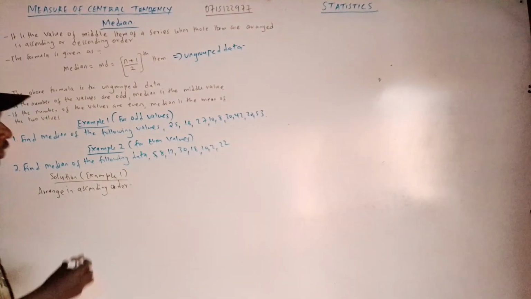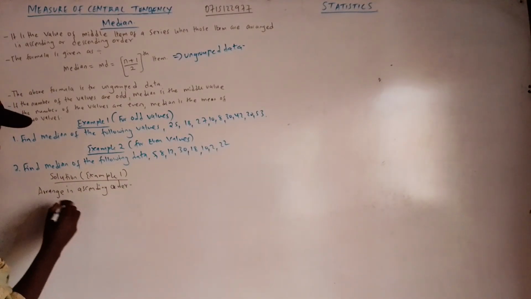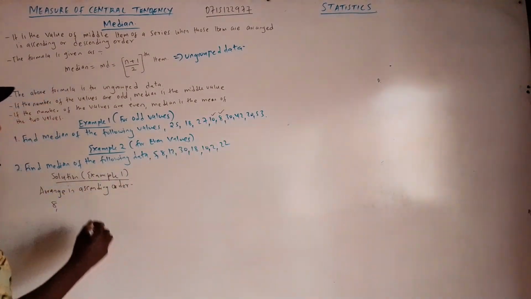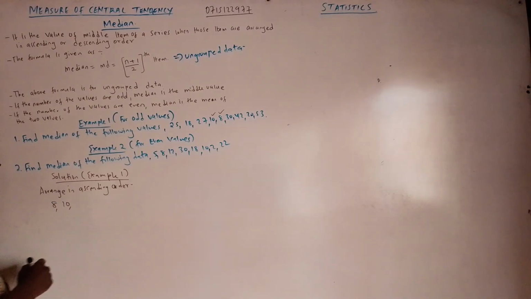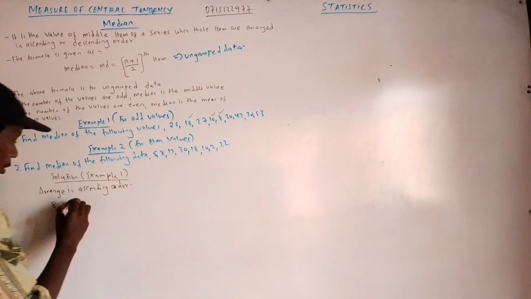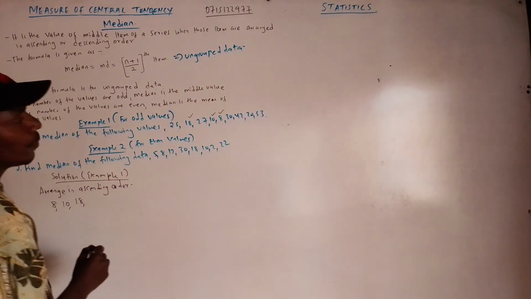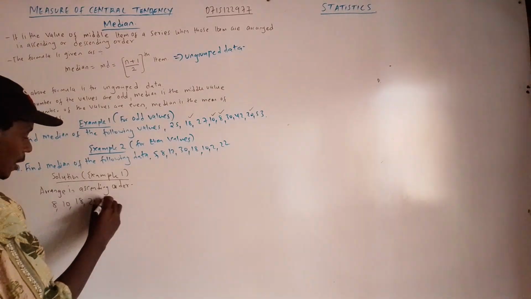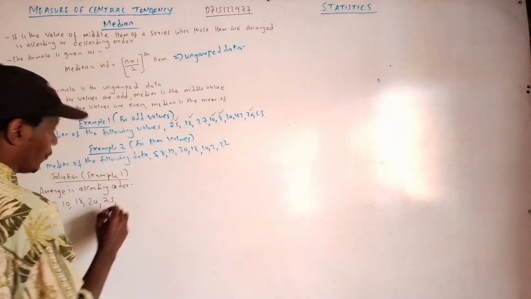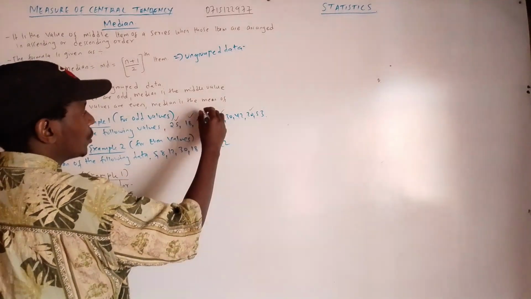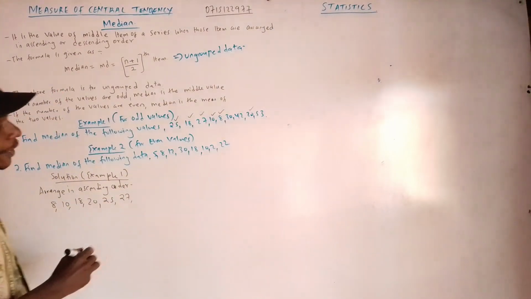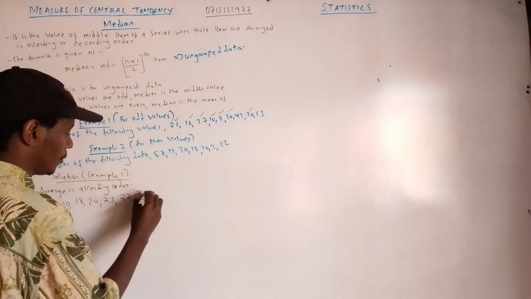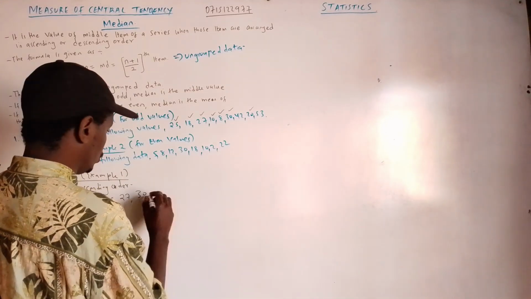So we start with 8, followed by 10, followed by 18, followed by 20, followed by 25, followed by 25, followed by 27, then followed by 30, then followed by 42, then 53.